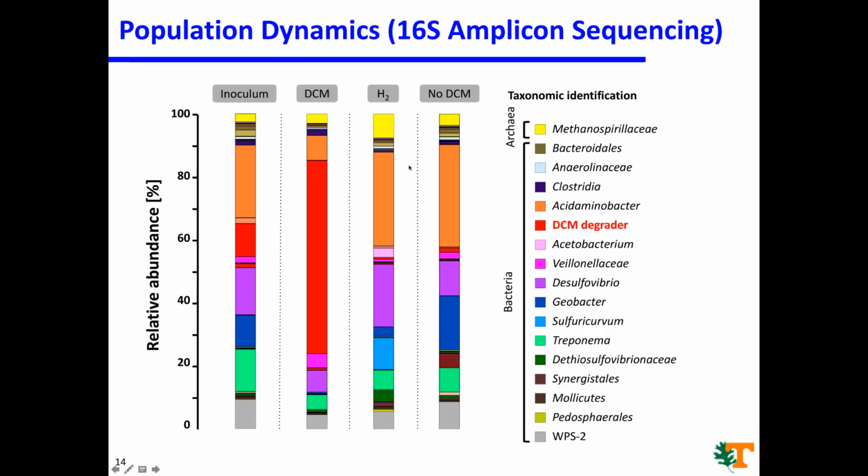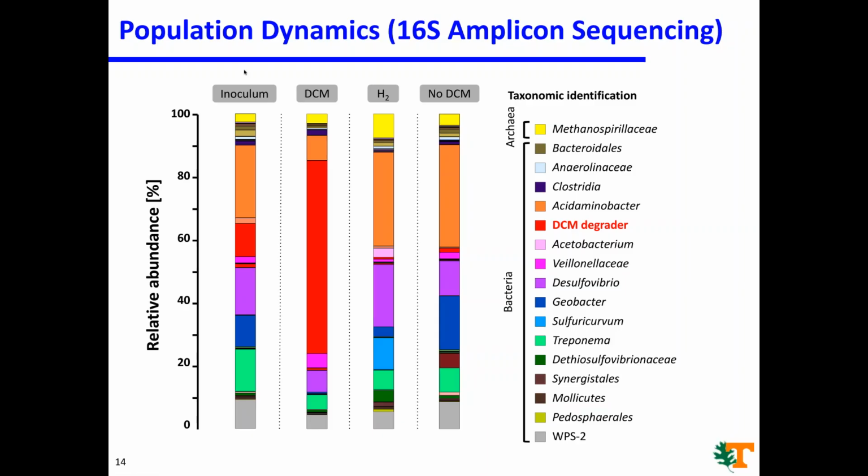I give you here an example of a 16S rRNA gene amplicon sequencing approach. But if we would have done a shotgun metagenomics approach, we would have gotten the same type of information. I just want to point out what type of information we are actually getting. So this is an enrichment culture. It's not groundwater.